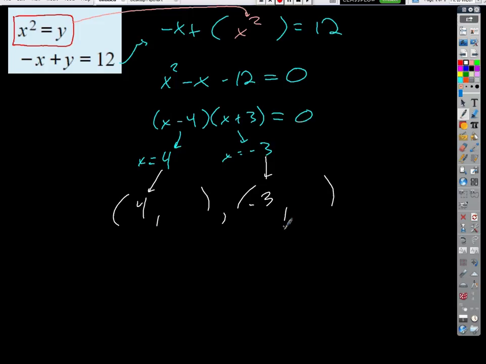I just have to find the y values, but that's easy to do because I have a boxed equation up here that's already solved for y, right? So if I plug 4 in for x, what do I get for y? 16. If I plug negative 3 in for x, I get, there you go. Those are your two solutions. Okay? Make sense?